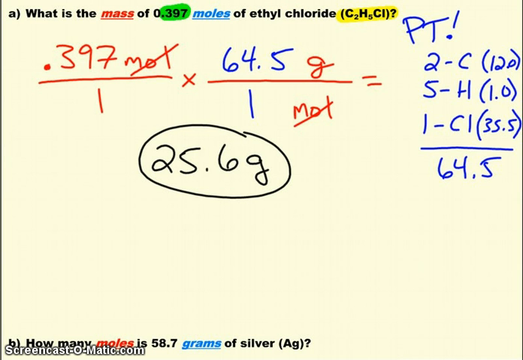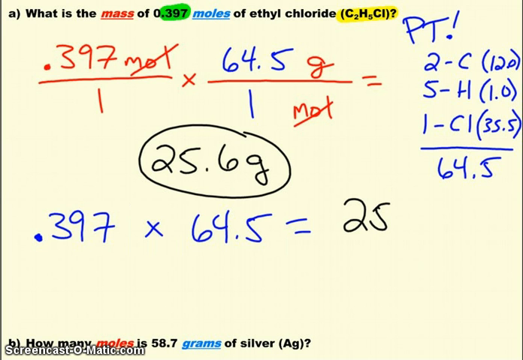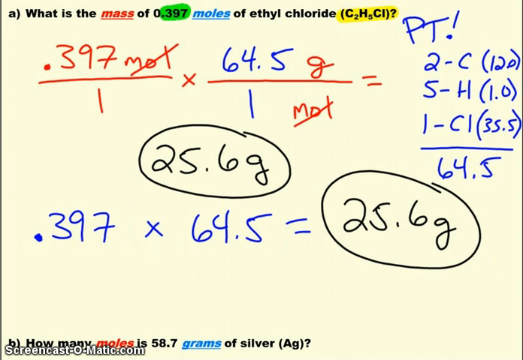And so on paper, I would take my moles, 0.397, multiply by molar mass, and when I do that, I'll get the same answer, 25.6 grams. So dimensional analysis is definitely one way to do it, as is map to Moleville. Either way, you got to show me your work when you're doing questions like this.